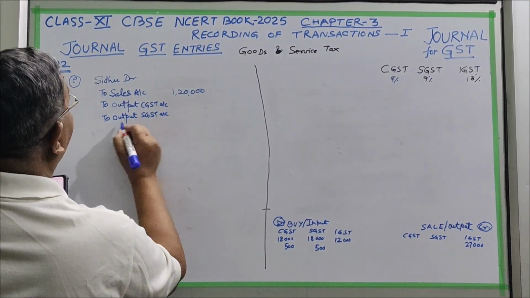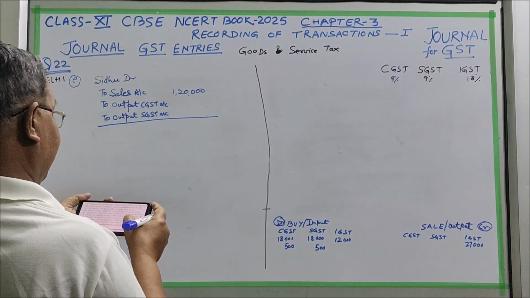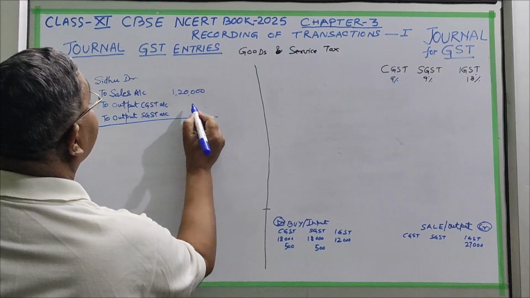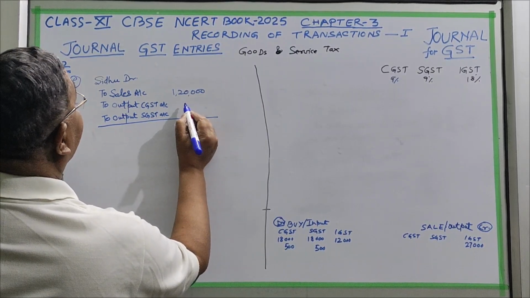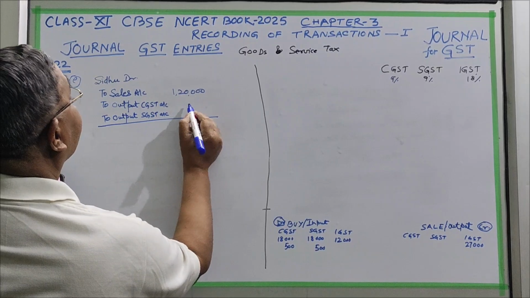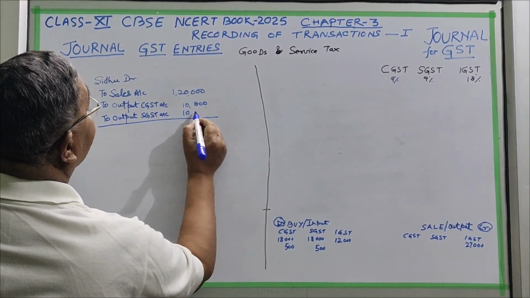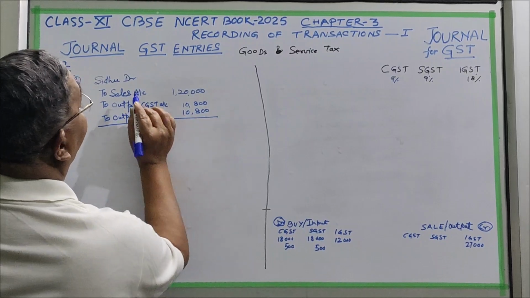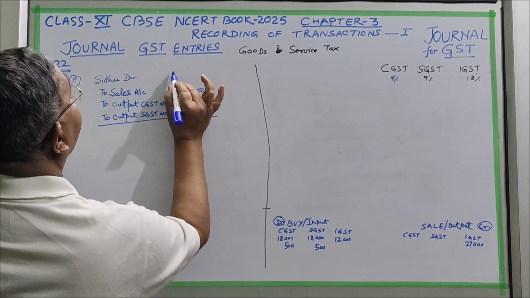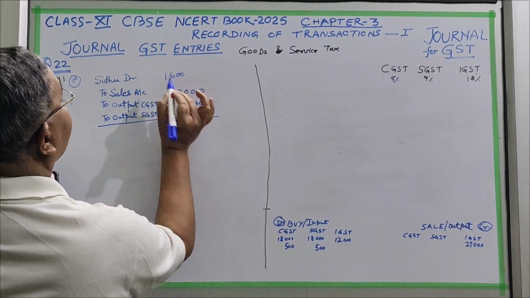The rate is 9%, so 9% of 1,20,000 is 10,800 and 10,800. So all together it will become 1,40,600.